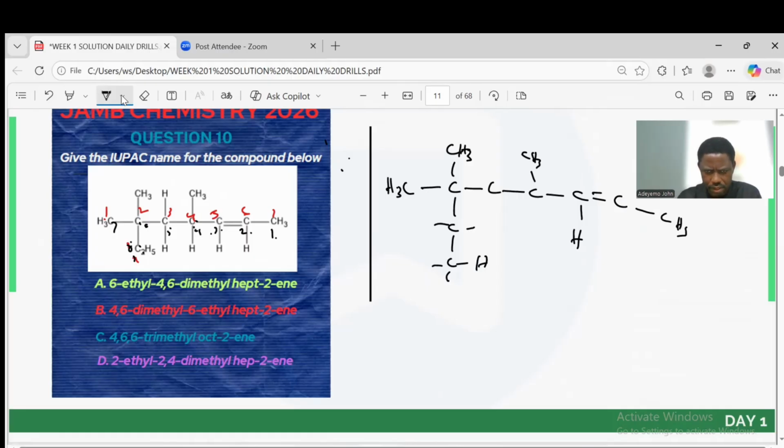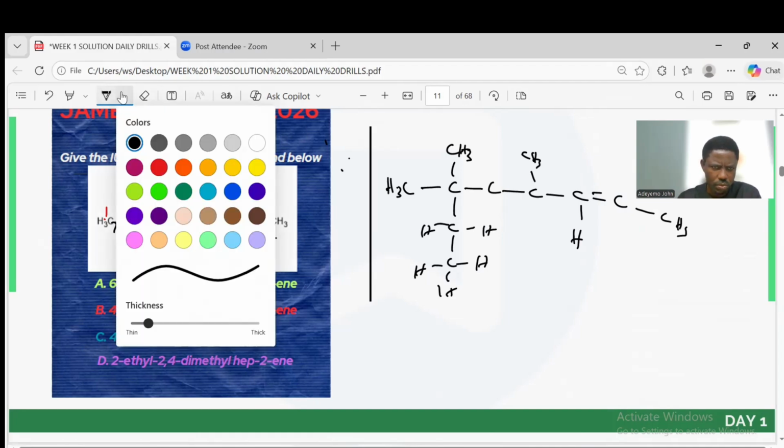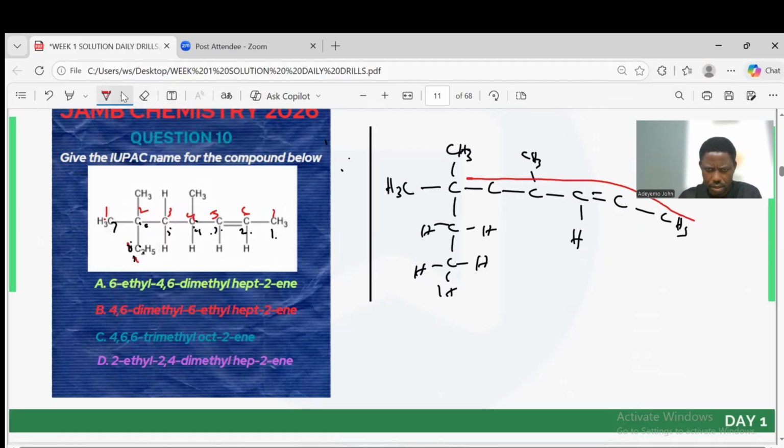So actually, the longest chain will be here. Let me show you where the longest chain will be. It will be from here. Can you see that? So you keep working on the carbons together. This is 1, 2, 3, 4, 5, 6, 7, 8. I named from there because the double bond is closer to that end.